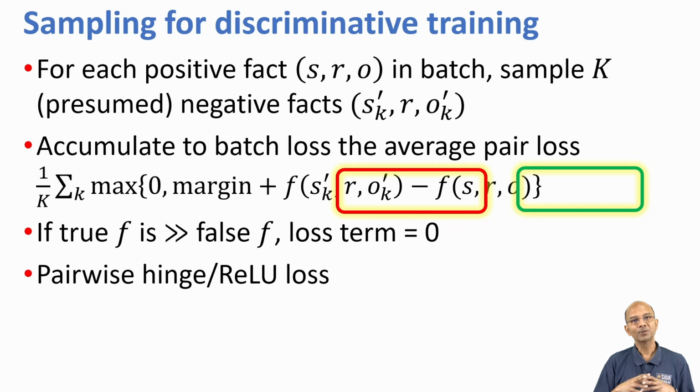So this leads to the formation of a batch for training a stochastic gradient-based optimizer. For each positive fact SRO in the batch, we would sample k presumed negative facts by perturbing either the subject or the object, or maybe both. And then we would accumulate the losses over these k samples.